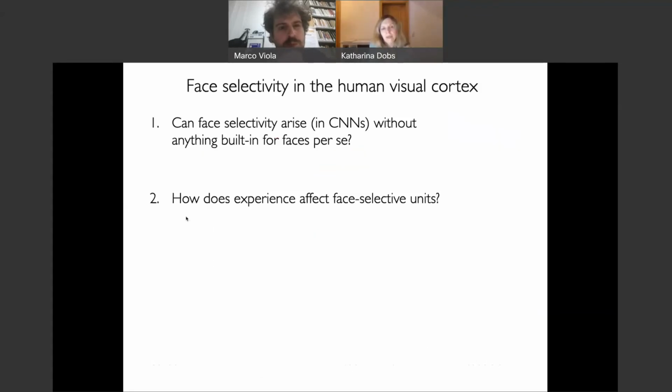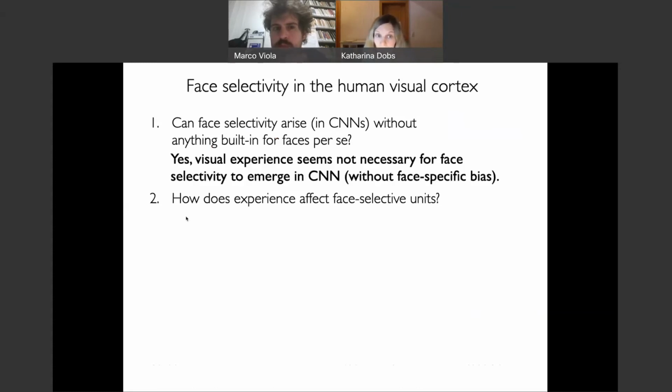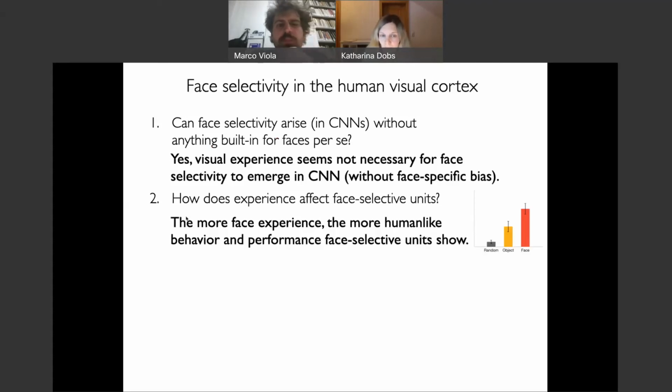Okay, so these are the initial results we had when looking at this. We definitely found that face selectivity arises in CNNs without anything built in for faces per se. So visual experience even seems not necessary for face selectivity to emerge in CNNs without face-specific bias. However, we found that the more face experience, the more human-like behavior and performance these face selective units show.